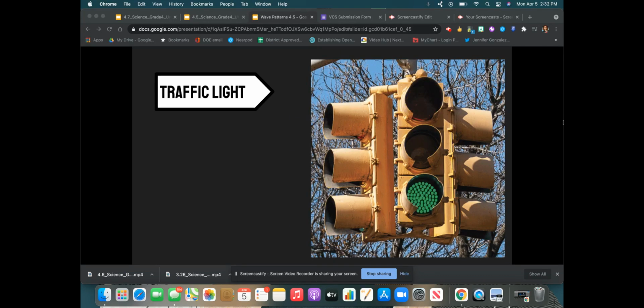The third device we're looking at is the traffic light. Think about how this device sends signals. It's sending signals to cars and traffic all the time, letting them know when it's safe to go, letting them know when they need to stop.